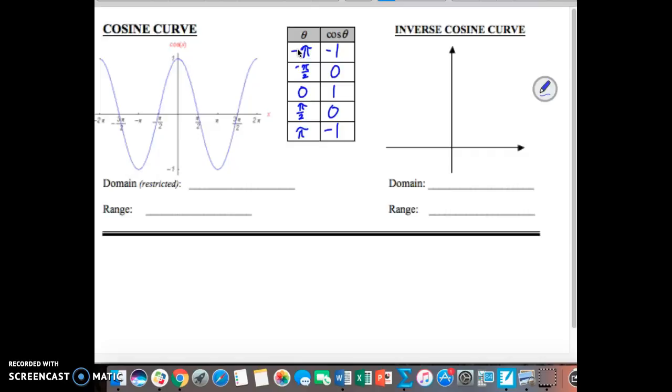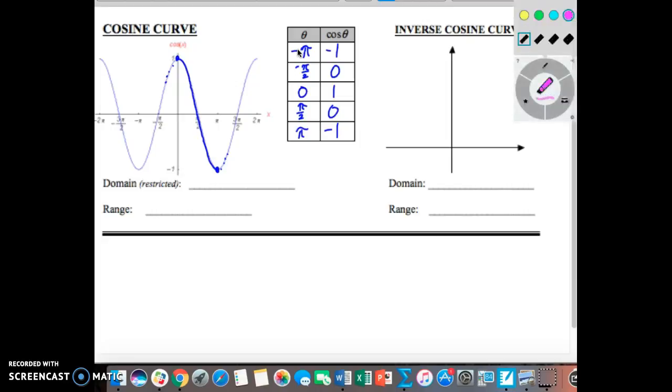Looking at our curve, if we start up top, when our y value is 1, and continue down our curve and stop at the bottom, we need to stop at the bottom because if we continue on our graph in either direction, the inverse of our cosine curve will not be a function because it won't pass the horizontal line test.